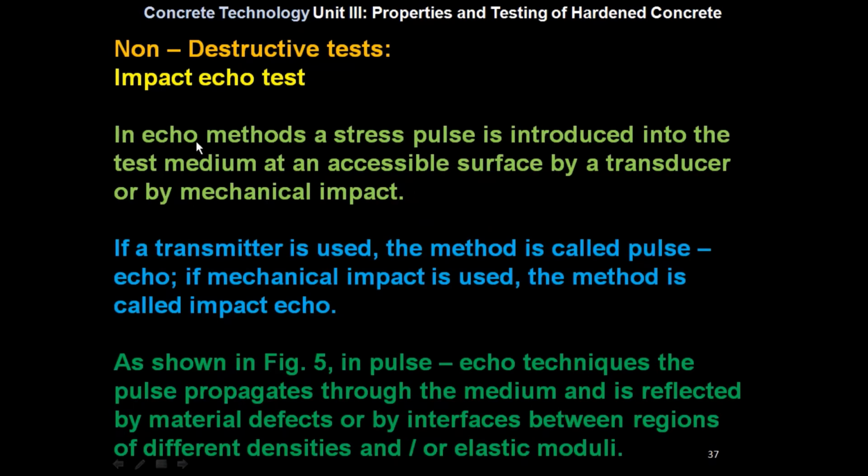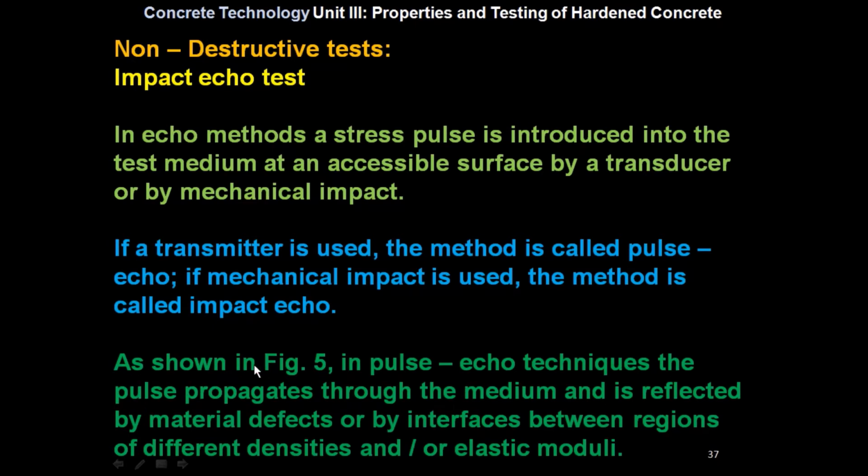In echo methods, a stress pulse is introduced into the test medium at an accessible surface by a transducer or by mechanical impact. If a transmitter is used, the method is called pulse echo. If mechanical impact is used, the method is called impact echo.